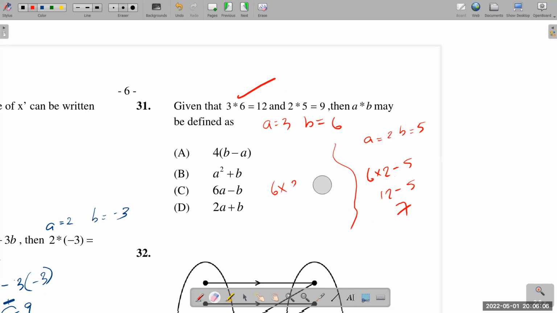Anybody find the answer yet? But they said 2 star 5 must be 9. So it's not this. Let's try D. 2 times 3 is 6. 6 plus 6 is 12. That checks out. 2 times 2 is 4. 4 plus 5 is 9. Okay, it's D.